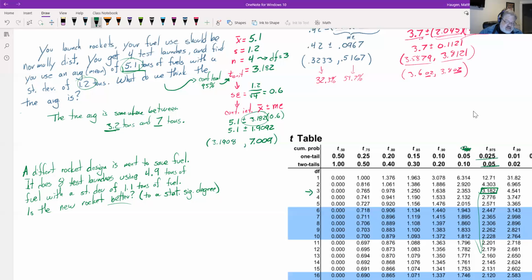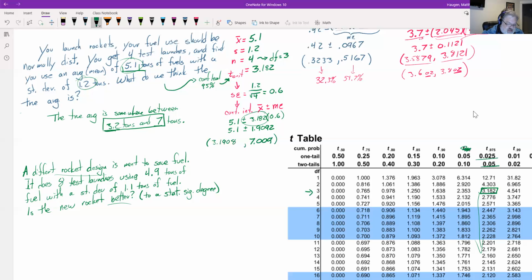If we want to see if this rocket design has shown itself to be better in a statistically significant way, we'd have to show that its confidence interval is outside of this thing's range. And we already know it's not, right?